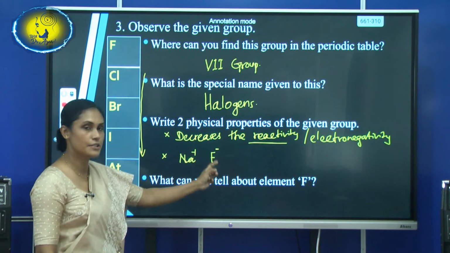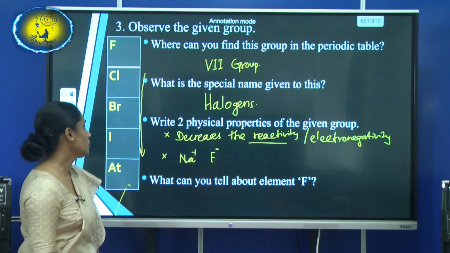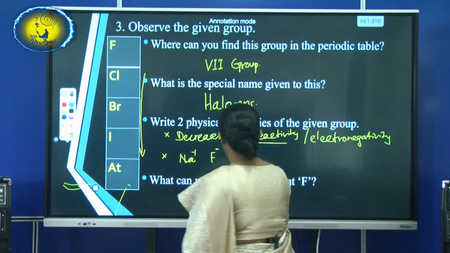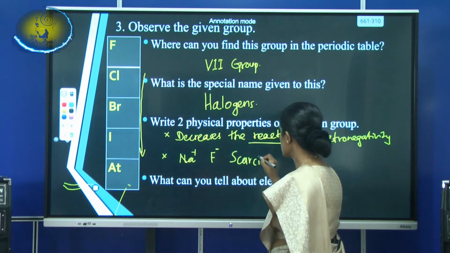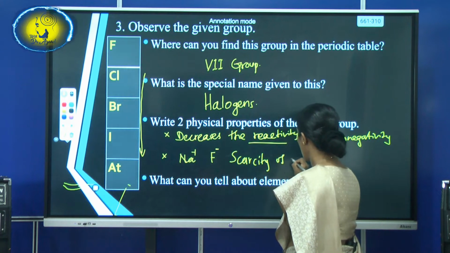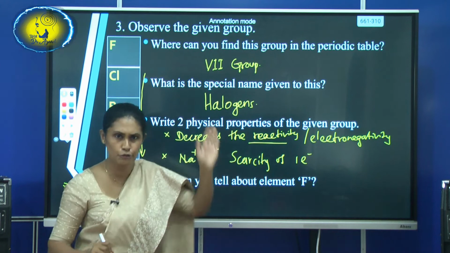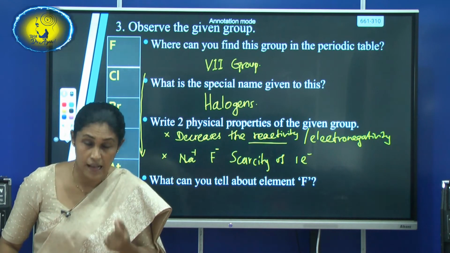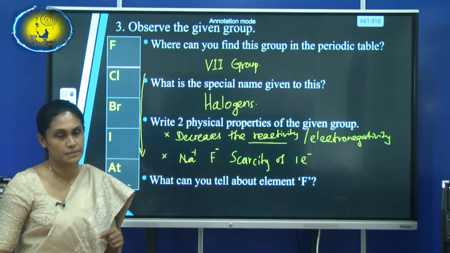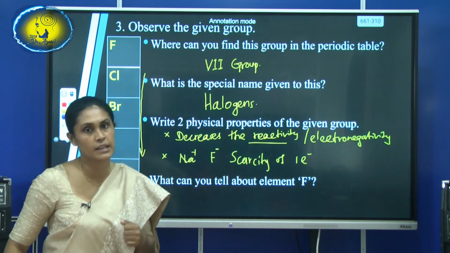So this one would like to donate to fluoride. Or you can say scarcity of 1 electron in the relevant group. You can see from top to bottom they have the scarcity of 1 electron, or we can say deficiency of 1 electron, right?